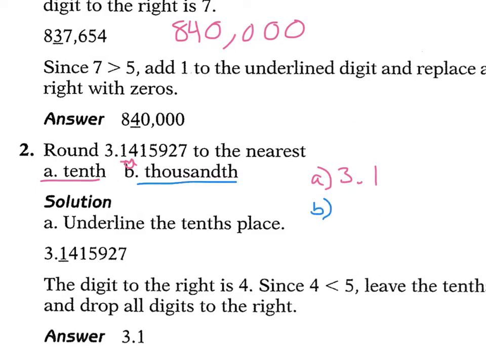So our thousandth place would be the third one after the decimal, so the next one. And then we look at the 5. Since we have a 5, we round up. So everything to the left stays the same. So we have 3.14, and we're rounding the 1 up to a 2.